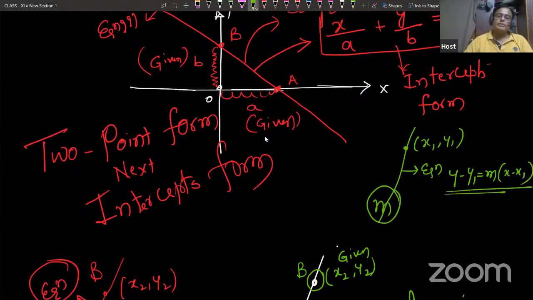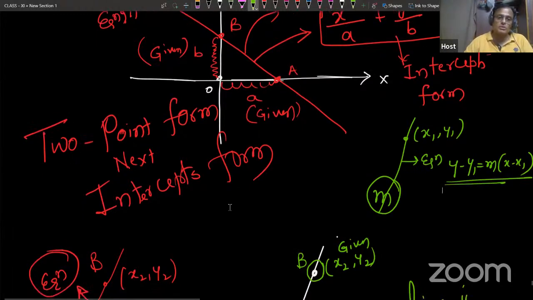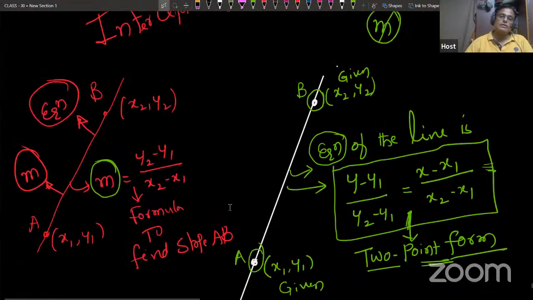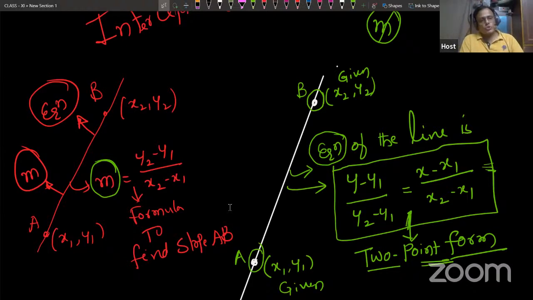So in the 2-point form, don't get confused, my dear students. Read the question carefully in the examination. To find the slope when the line is passing through two points, that is very easy: the difference of y coordinates upon the difference of x coordinates.